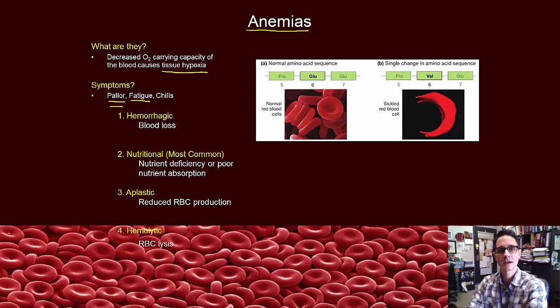So if we don't have enough oxygen around because of a particular anemia, we're not going to feel particularly energetic. And chills, right? So if you're not making a lot of energy, part of the byproduct of glucose metabolism or energy metabolism is heat. So if we're not producing excess heat because we don't have enough oxygen to make energy, well, it's going to make us cold.